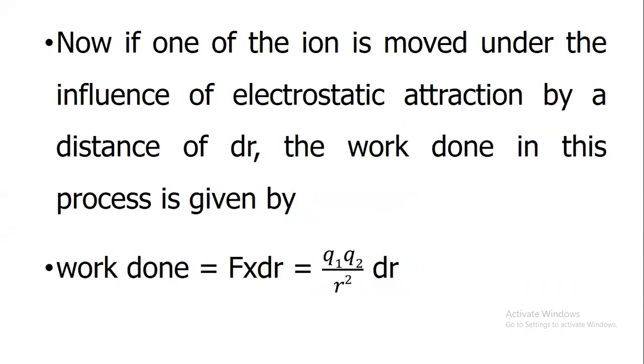Now, if one of the ions is moved under the influence of electrostatic attraction by a distance dr, the work done in this process is given by F equals Q1 Q2 over r squared times dr.